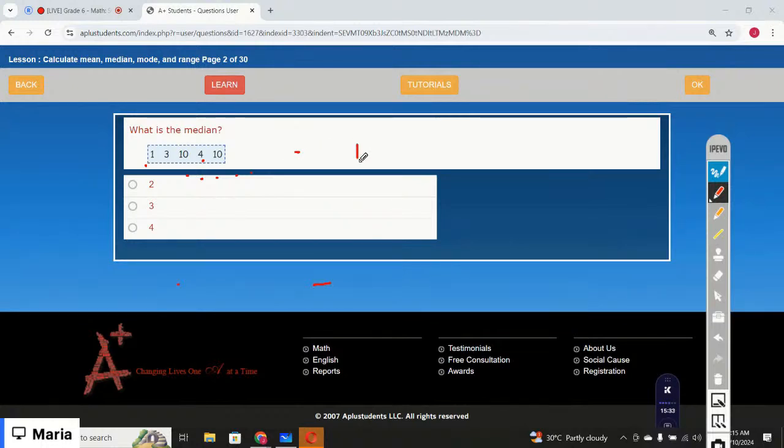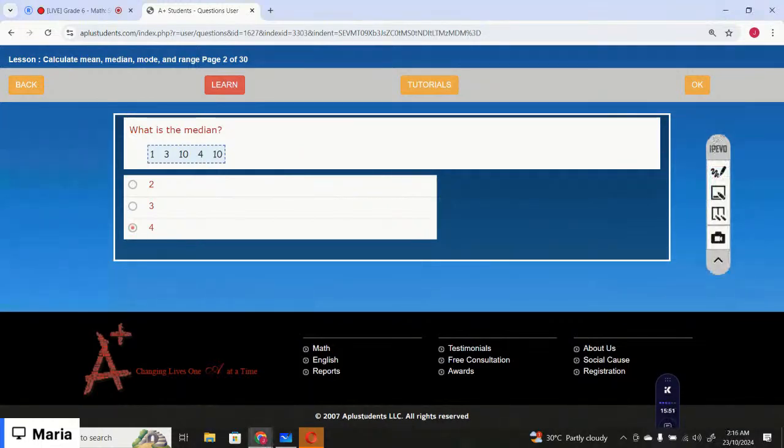Let's arrange the numbers from least to greatest. The median is exactly the middle. Before the median, you have all numbers that are less than the median, and after the median, you have all numbers that are greater than the median. So the correct option is, sorry, 4. The median is 4.